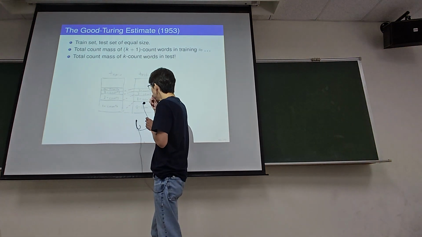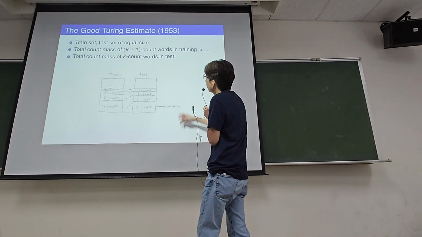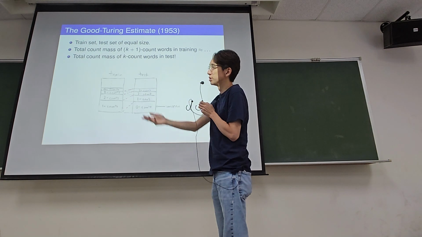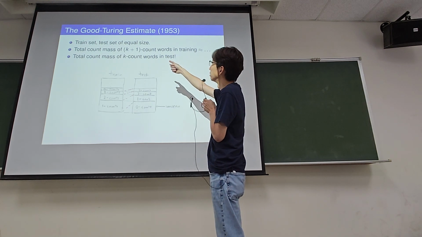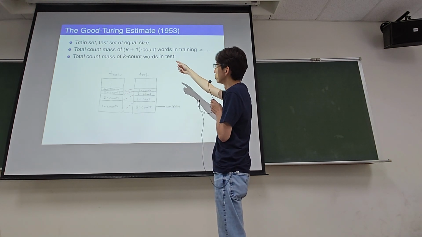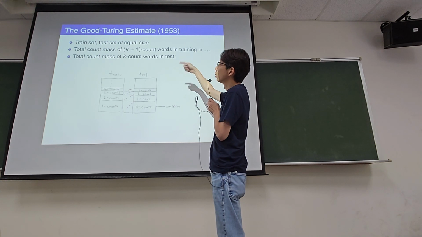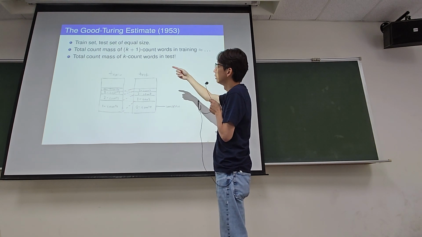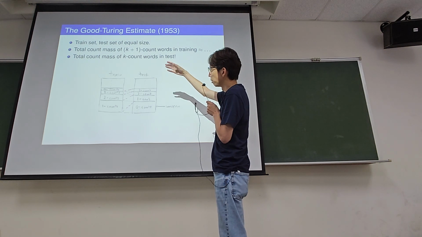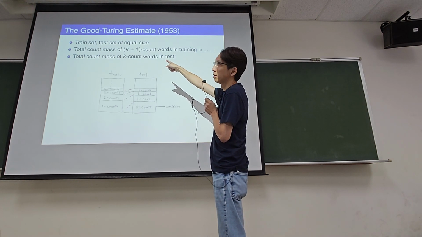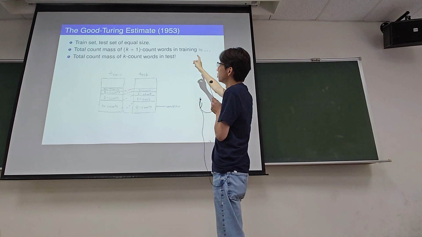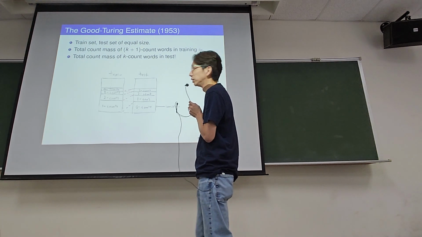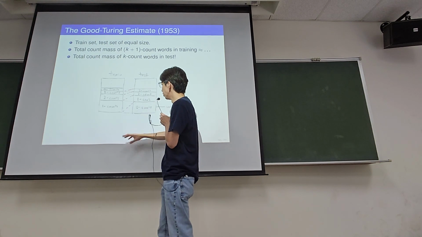For all the probability mass assigned to say 2 counts, k plus 1 where k equals 1, 2 counts in the training equals 1 counts in the testing. For the probability assigned to 1 count, k equals 0, that equals the total count mass of 0 count in the test set. Again, it's very simple as that.